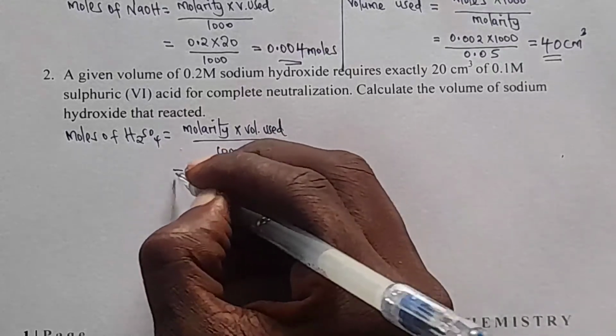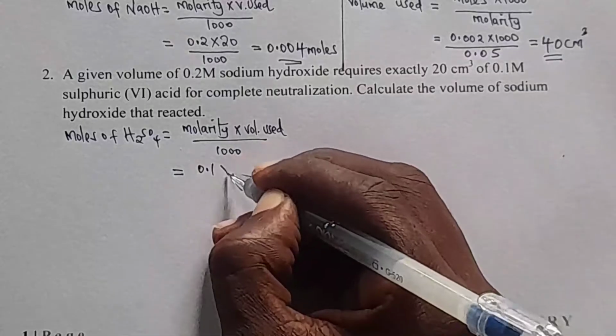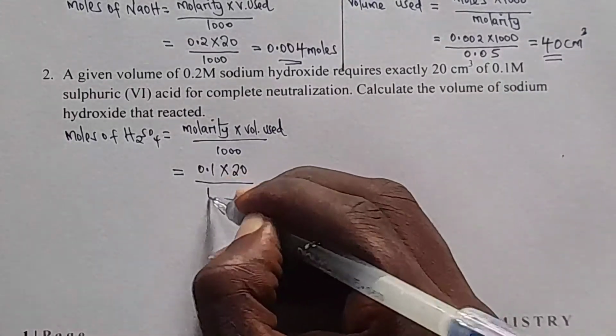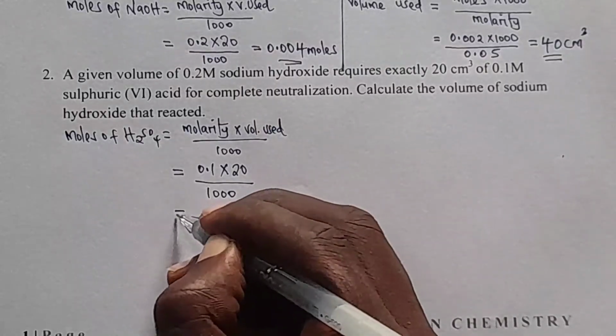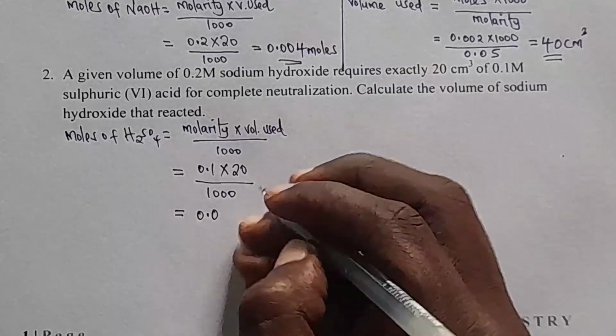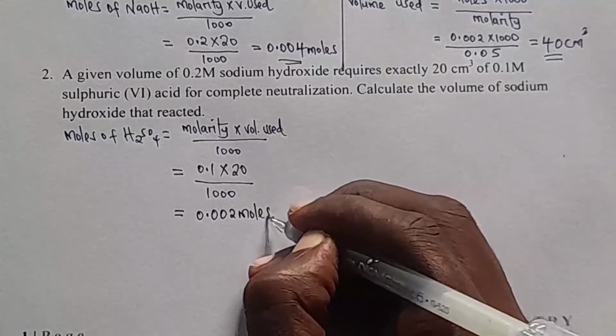So the molarity is 0.1 multiplied by the volume used, which is 20, then divided by 1000. Here we are going to get 0.002 moles of sulfuric acid.